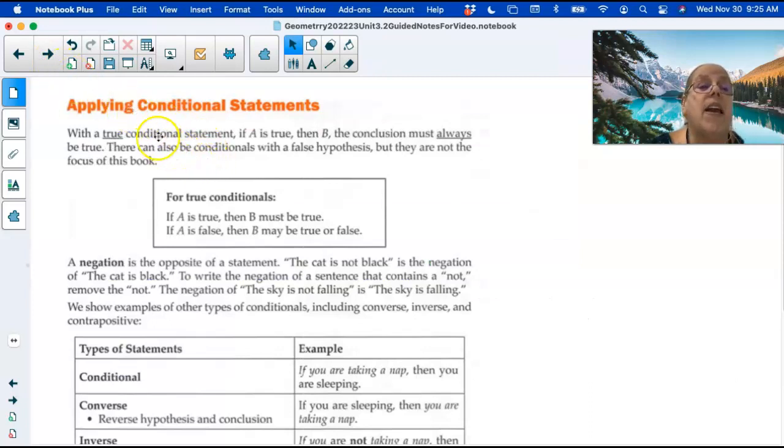Okay, applying conditional statements. All right. For true conditionals, if the hypothesis is true, the conclusion must be true. If the hypothesis is false, the conclusion may be true or false, and it could still be true. Okay?